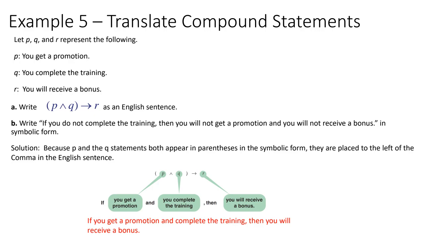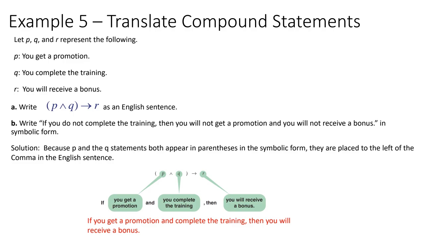So all together it would be, if you get a promotion and complete the training, comma, then you will receive a bonus. This is how I would translate that. So the comma is important. I know that in math, I always tell the students, don't worry about your writing. But in this case, we need those commas in there so that we know that you understand which statements are grouped together.